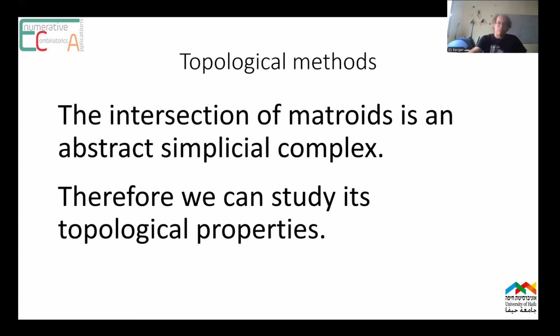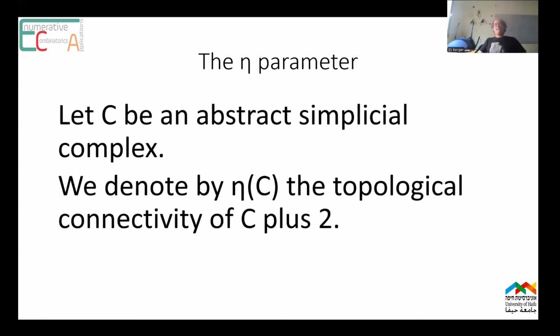So here is the topological property that we will study, and this is the eta parameter. The eta parameter is the topological connectivity plus 2. So what do I mean by this?